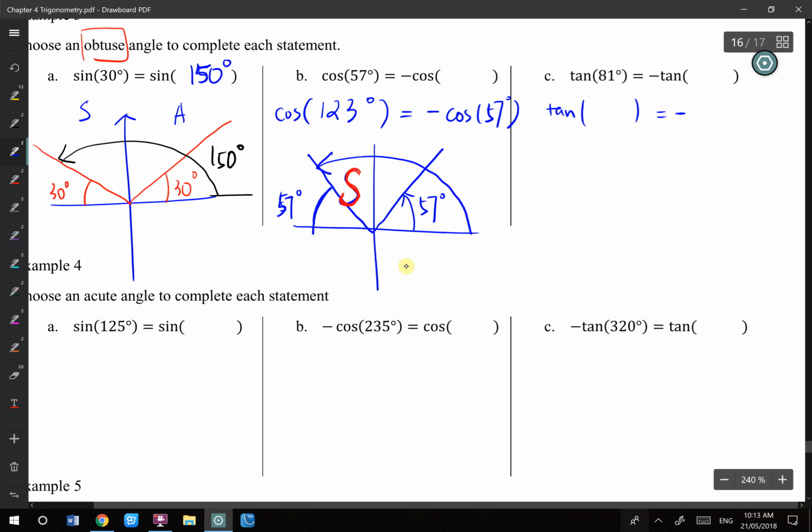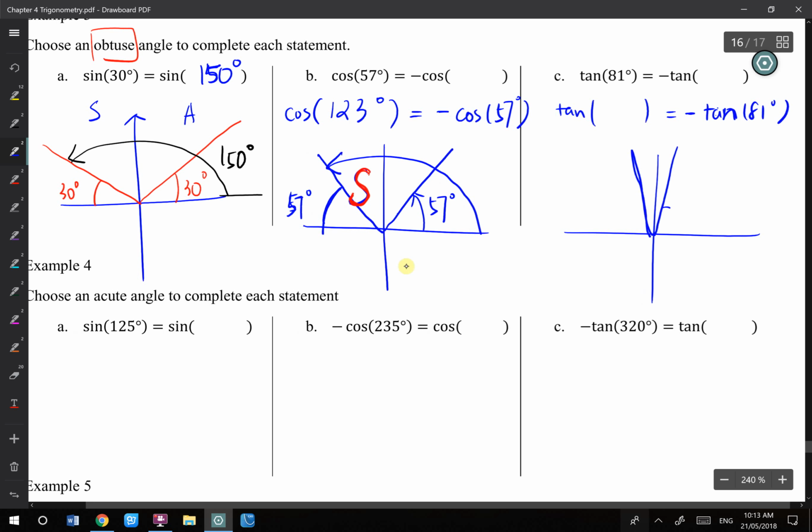Should equal negative tangent 81. Okay, tangent what equals negative tangent 81. So same thing, we have 81 here. The symmetrical will be here.